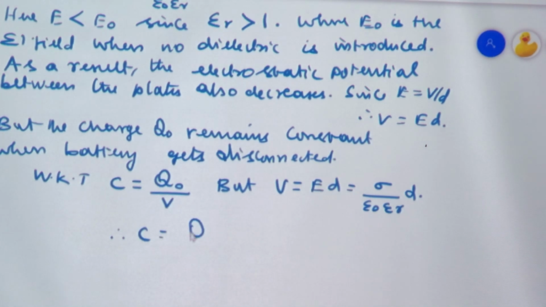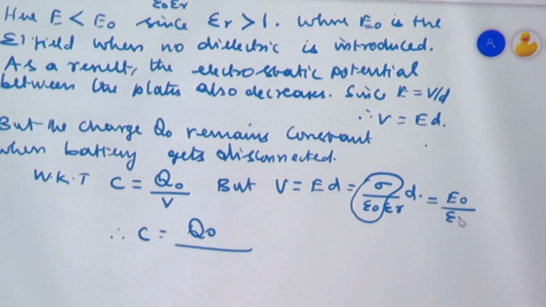Therefore, C is equal to Q0 divided by V, and this V is sigma divided by epsilon 0 into epsilon r, into d, or I can simplify this. What is this? Sigma divided by epsilon 0 can be written as E0 divided by epsilon r, into d.